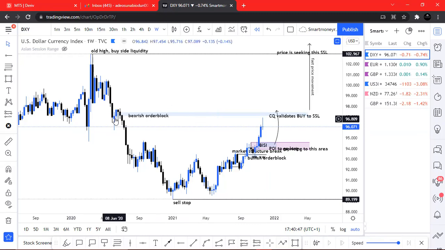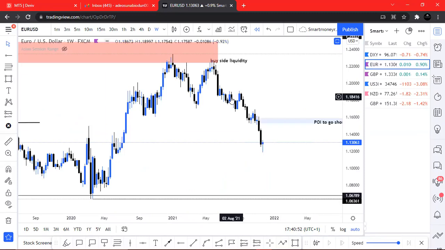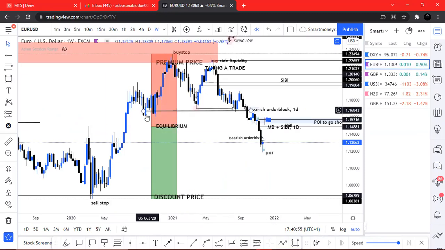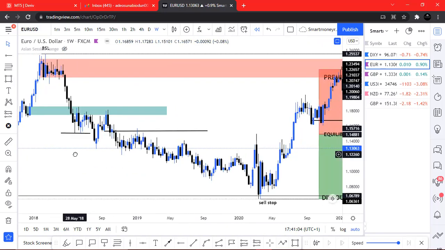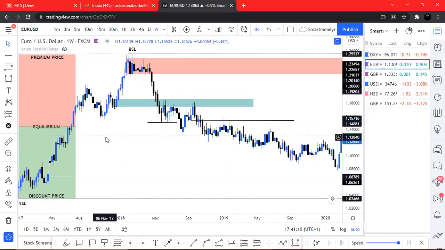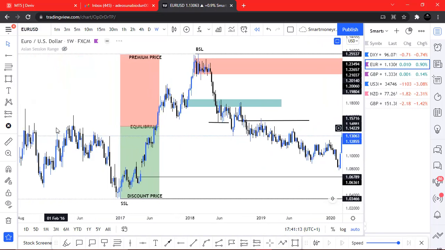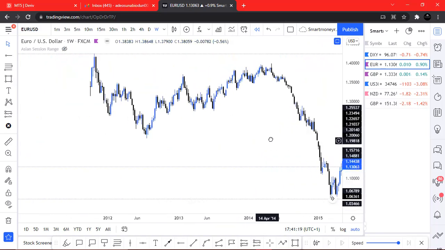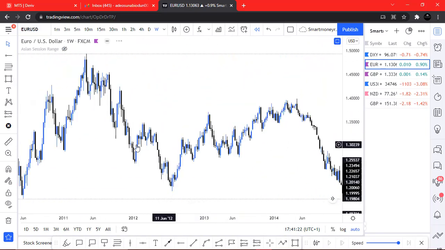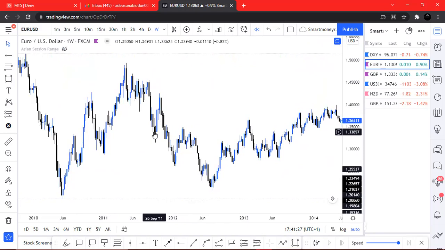For instance, let's say we'll go back to Euro USD. Let's use this area. I want to find a very neat one so that it'll be easy for you to understand. All right, I found one.